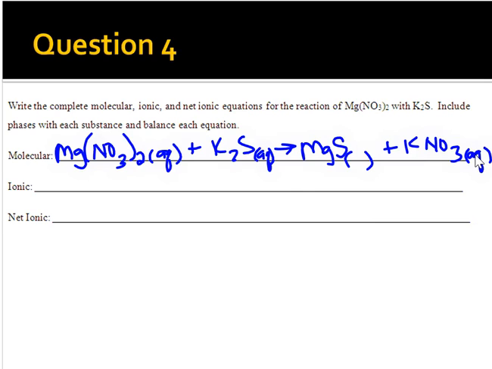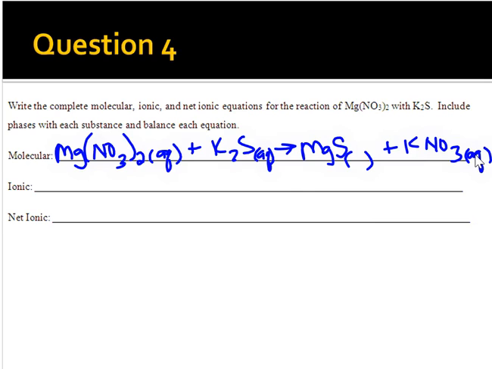However, the one I do need to check is magnesium sulfide. That could be aqueous as well, in which case there's no reaction, or it could create a precipitate. So I'm taking a look at my solubility rules right now, and I'm looking for the rule that has sulfide, not sulfate, but sulfide. And that's going to be rule number 6.